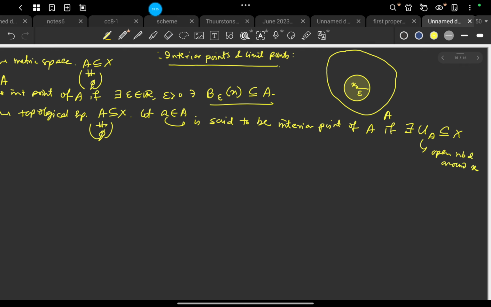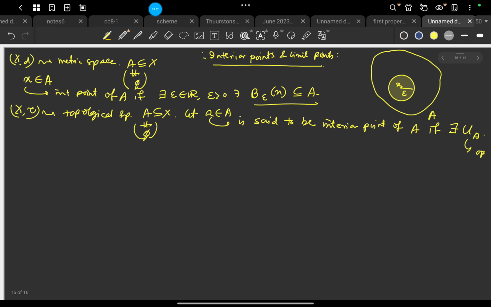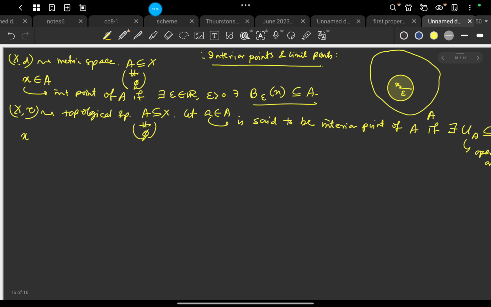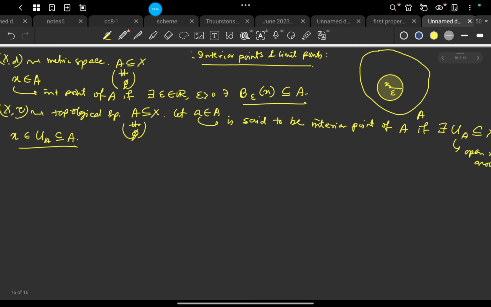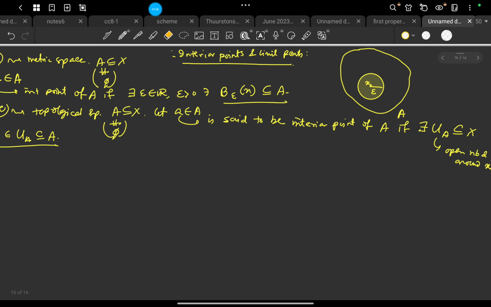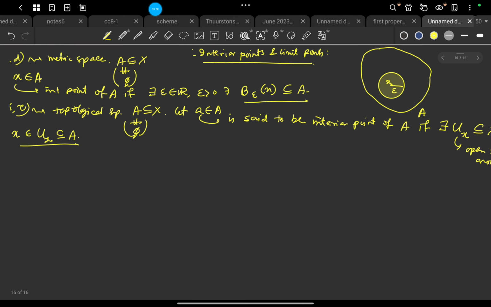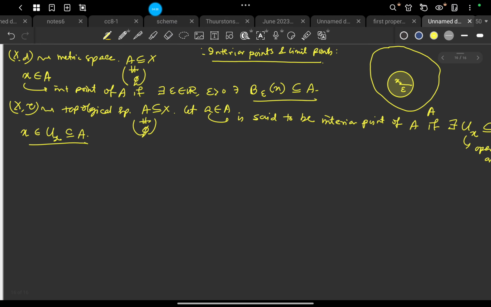That means it is an open set containing x, such that x must belong to U_x, because it is a neighborhood, and it is completely inside A. Not U_a, let us consider U_x, because it depends on the choice of small x. So it must contain an open neighborhood around this.